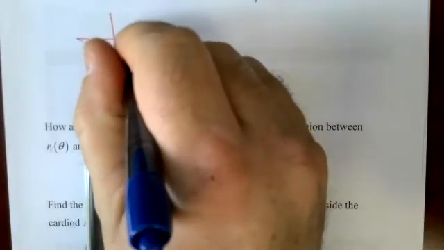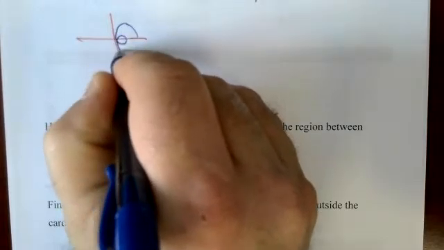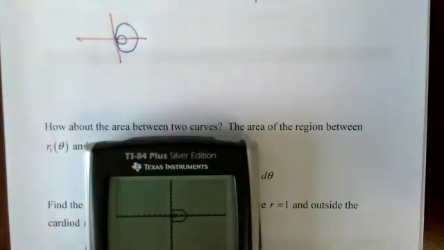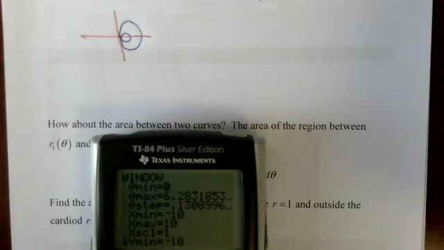Started here at 0. Then, looks like it came in here. Then back at 2 pi. Now, here's the hassle. I got to figure out when that little loop starts and when that little loop ends. So let's try this. Let's make it pi.